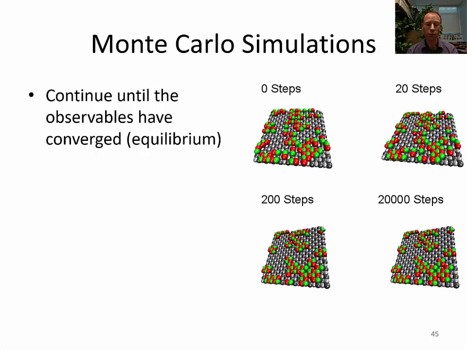But each simulation is different, and you need to just keep going until whatever you're looking at has converged to a stable value. And this you will do by doing some analysis of the simulation. You can actually analyze simulations while they are running and decide whether you need to let it keep going or whether it's done enough.